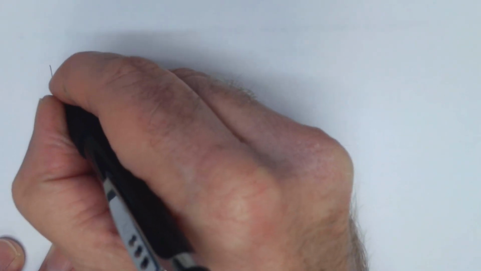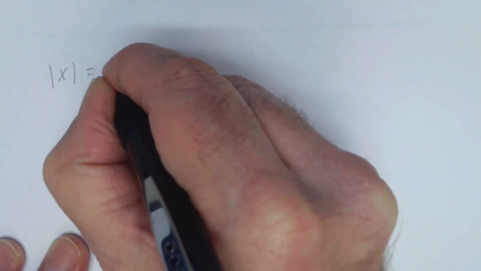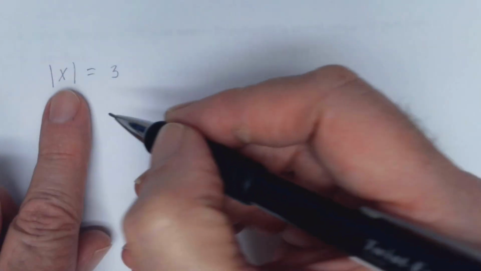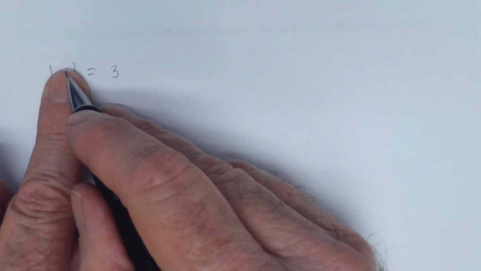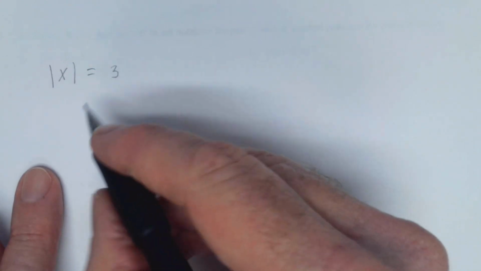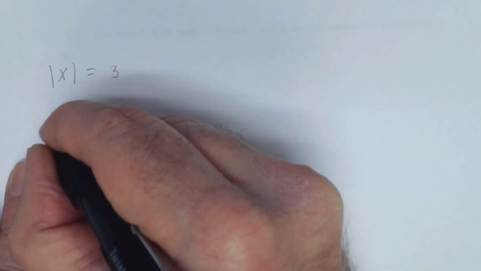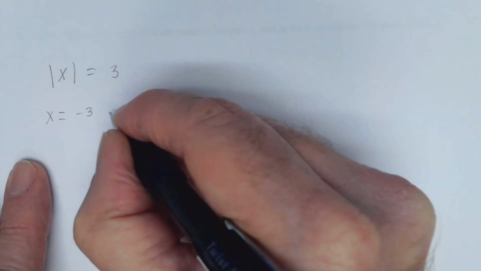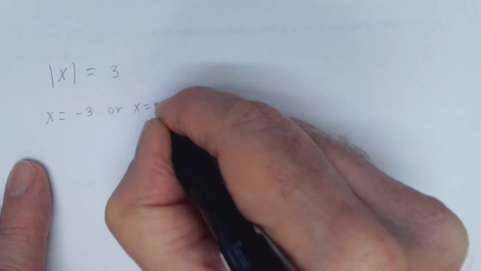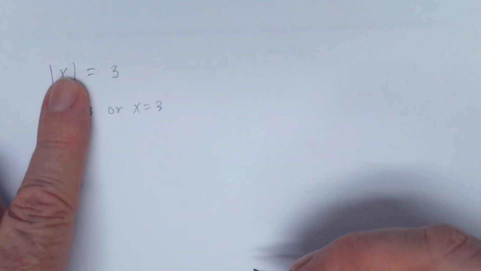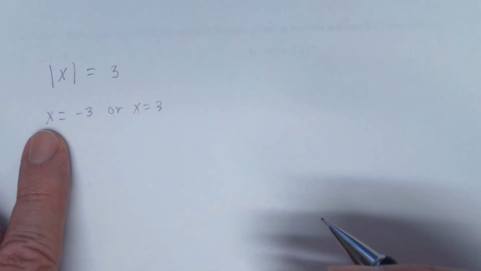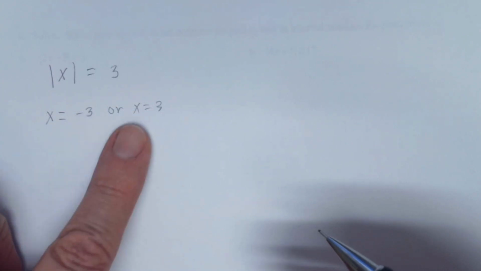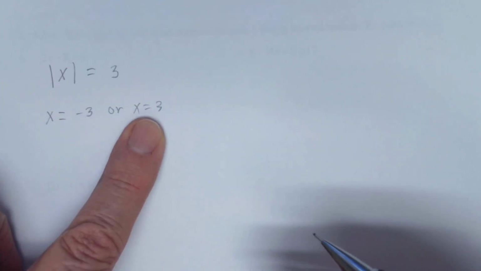If you have the absolute value of x equal to a number, we'll say like 3, then you know the absolute value of a number is 3 only if that number inside here is 3 or negative 3. So our first step is to write x equals negative 3 or x equals 3. Now if this were some other expression like maybe 2x plus 5, then this would say 2x plus 5 equals negative 3 or 2x plus 5 equals 3.